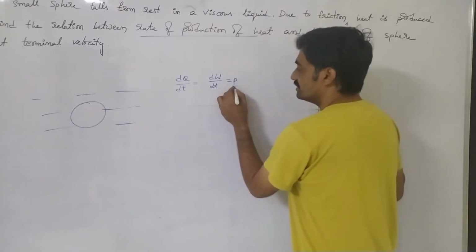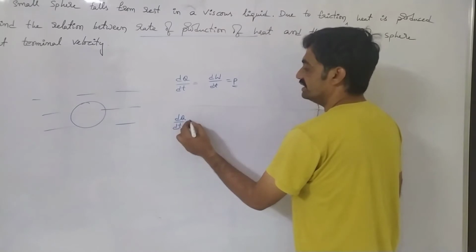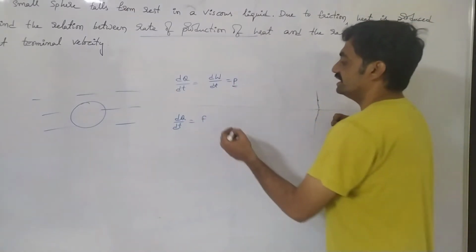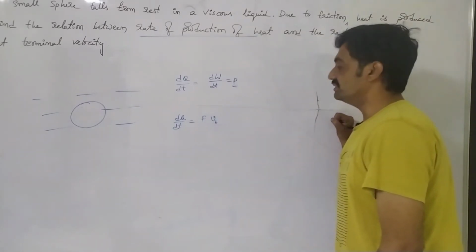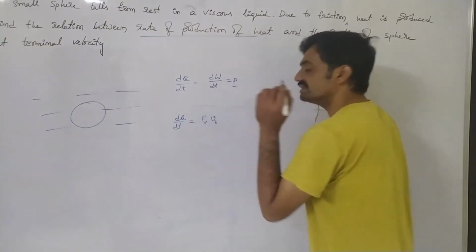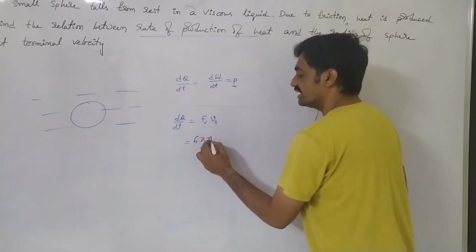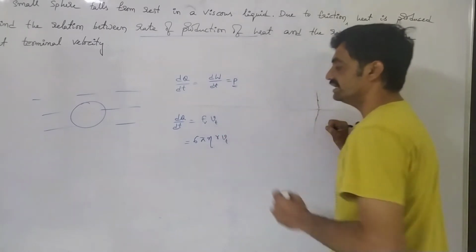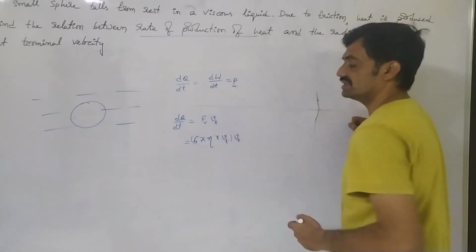Whereas this power can be represented as dQ by dt equals force into ds by dt, nothing but terminal velocity. Force into terminal velocity. Already we had represented the viscous force. The viscous force is represented as 6 pi eta r v suffix t into v suffix t, terminal velocity.